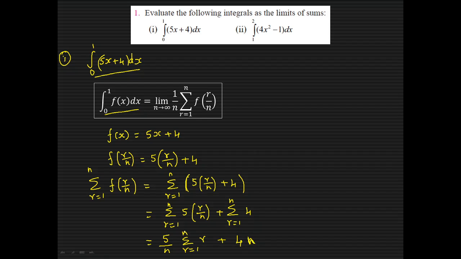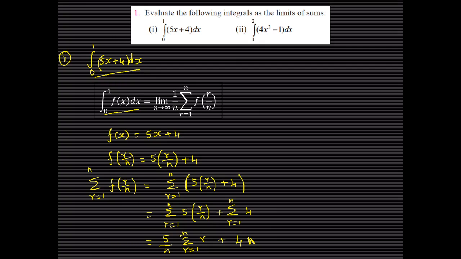So now we need to apply the formula for this summation r is equal to 1 to n r. So what is that formula? Because we are dealing with summation r is equal to 1 to n f of r by n, that is equal to 5 by n. Okay, so what is the formula for this summation r is equal to 1 to n r?